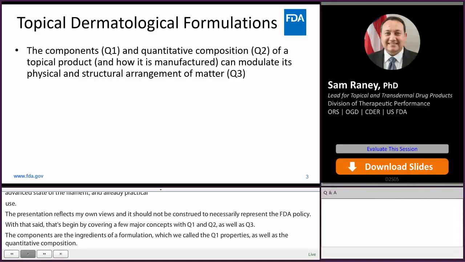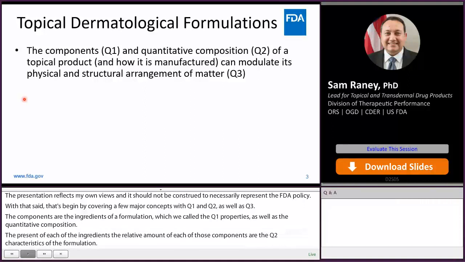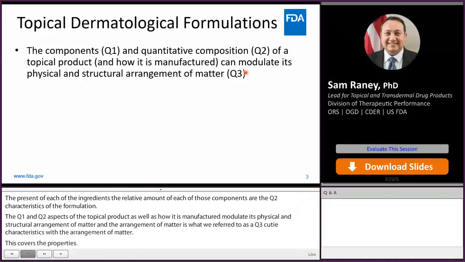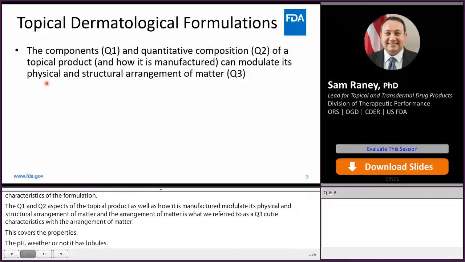These Q1 and Q2 aspects of a topical product, as well as how it's manufactured, modulate its physical and structural arrangement of matter. And this arrangement of matter is what we refer to as Q3. Q3 characteristics cover its rheological properties, its pH, whether or not it has globules, these kinds of things that describe the structural arrangement of matter and its physical states.